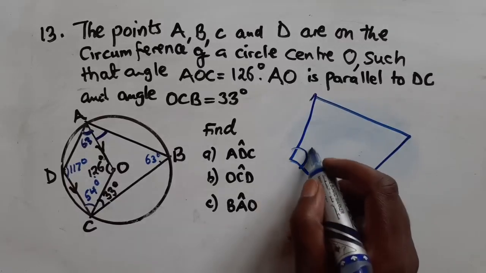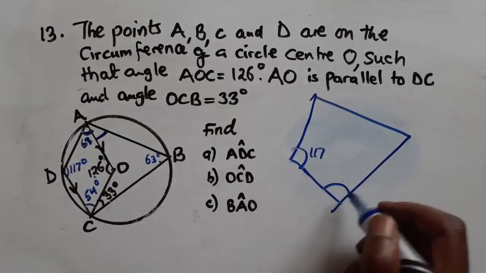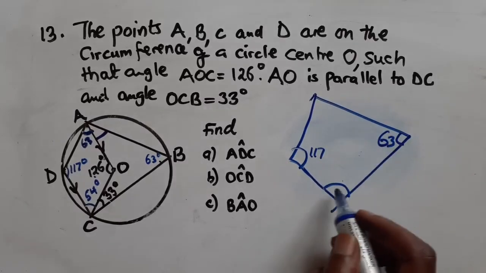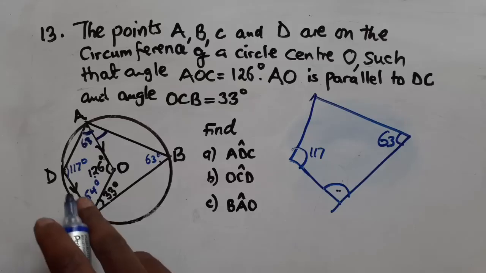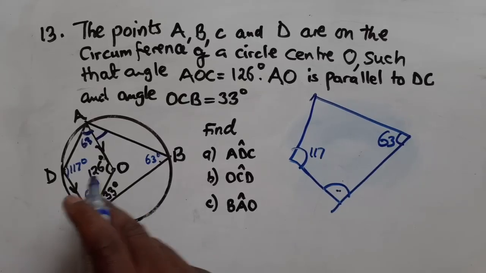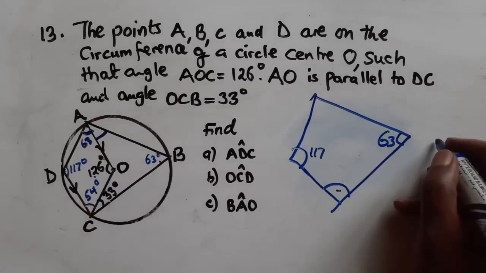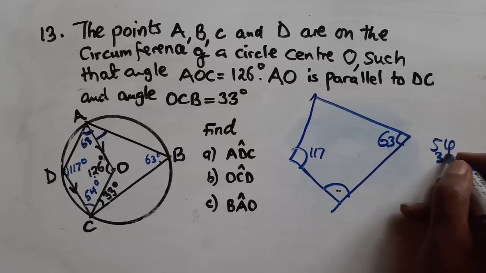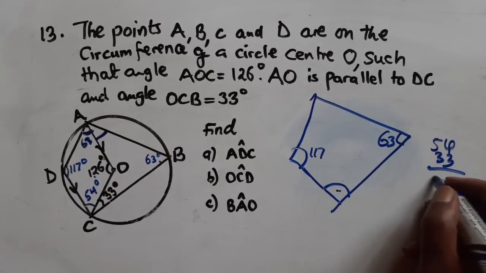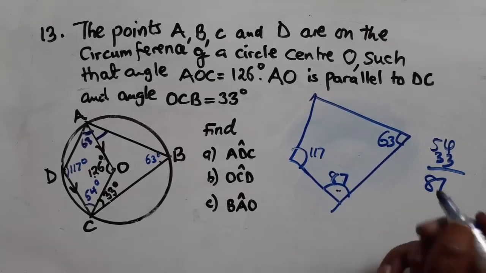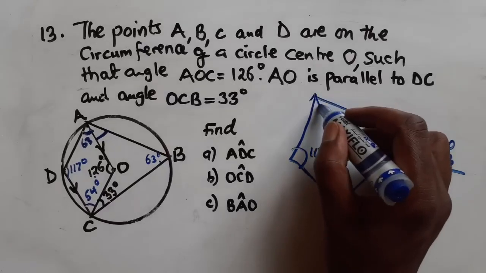This angle here is 117, and then this angle here is 63. Let's add these two angles here, 54 and 33. What do we get? This is going to give us 87.